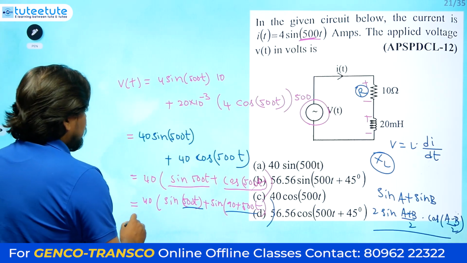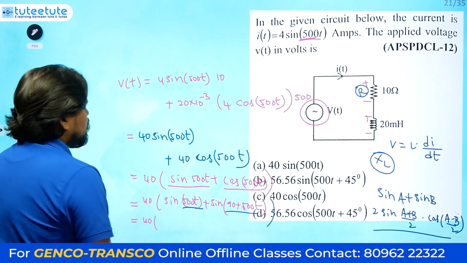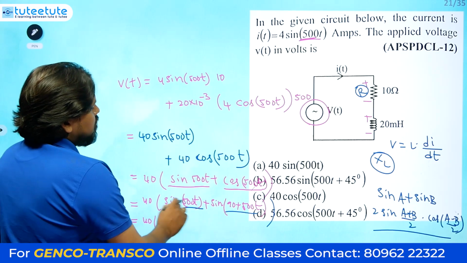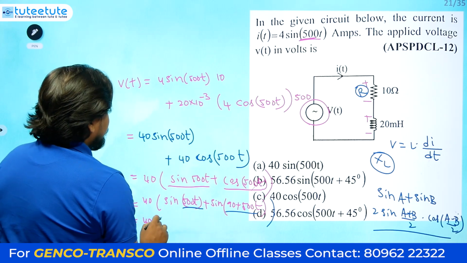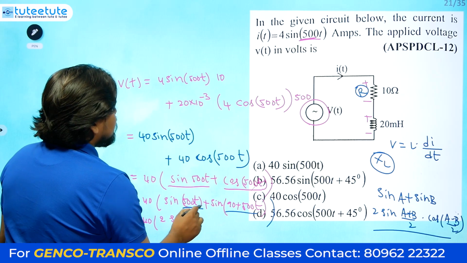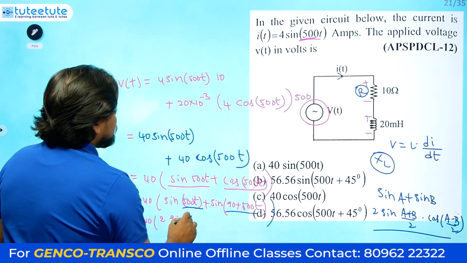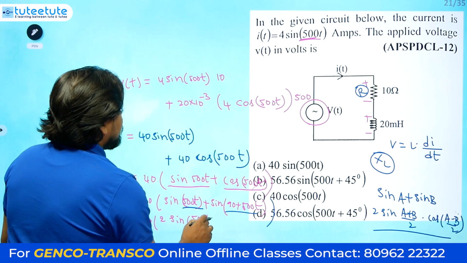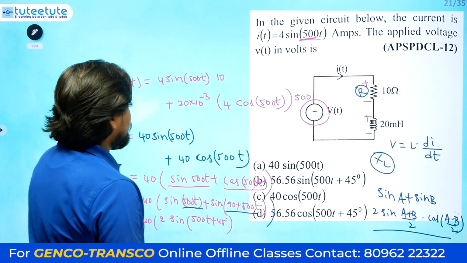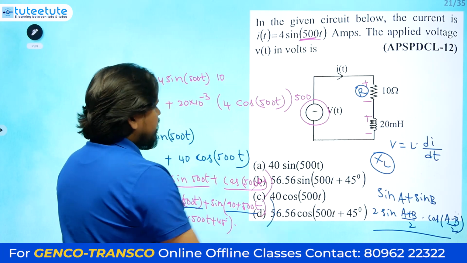Here, 40 into 2 sin of a plus b by 2, that means 1000t plus 90 divided by 2, which again gives 500t plus 45 degree. This is the first term, into cos of a minus b by 2.